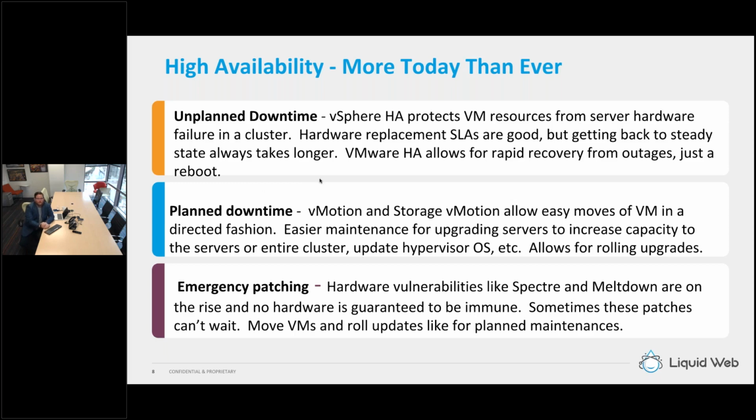Hardware replacement SLAs are good. They're great, really. This industry has pushed; when I came into the industry, 4 hours for hardware replacement was fairly common. The LiquidWeb SLA is 30 minutes. But we all know that getting back to an operating state takes longer than the SLA just to replace failed hardware. And VMware HA allows for rapid recovery from outages, just a reboot.